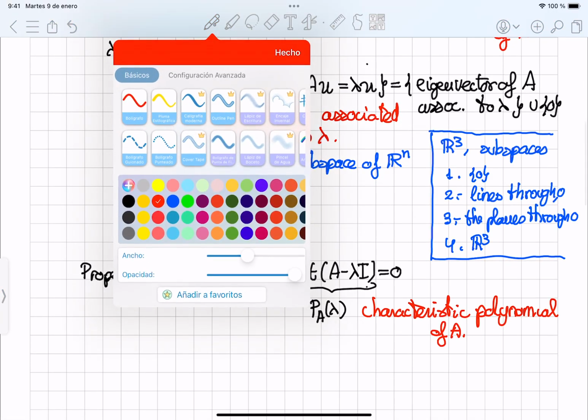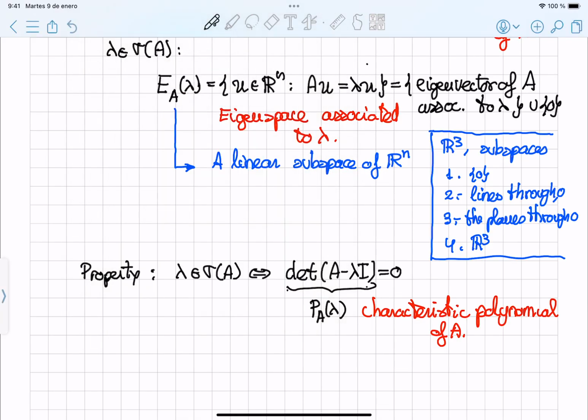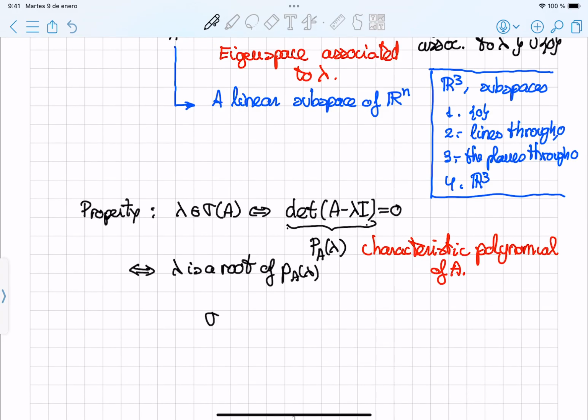So if we write this in terms of polynomials, the equivalence is that a number is an eigenvalue if and only if lambda is a root of the polynomial. So once this is written, we can say simply that the spectrum is just the roots of P_A of lambda.